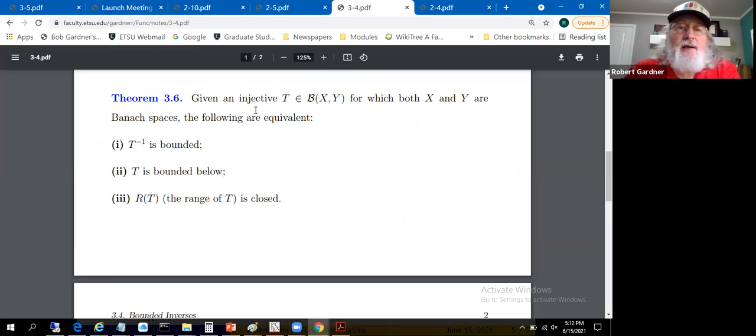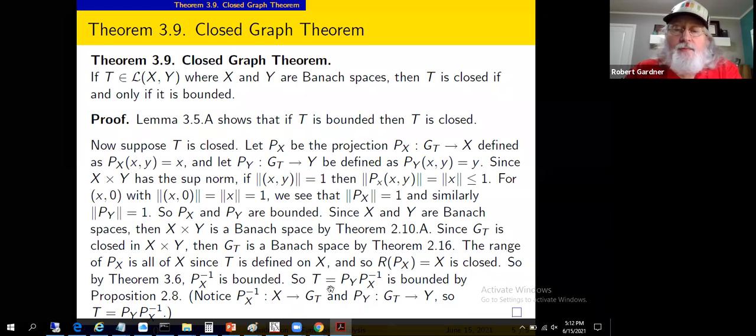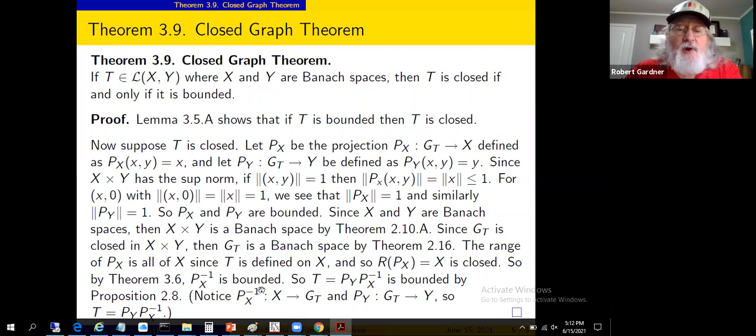Of course, we need it injective to talk about the inverse here. We're talking about P sub x this time, right? So the transformation is not t, it's P sub x. So we just showed the range of P sub x is closed. From that, we can conclude that P sub x inverse is bounded.